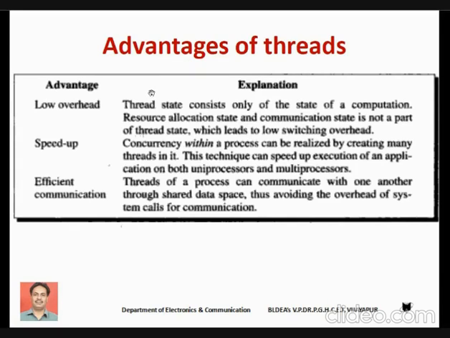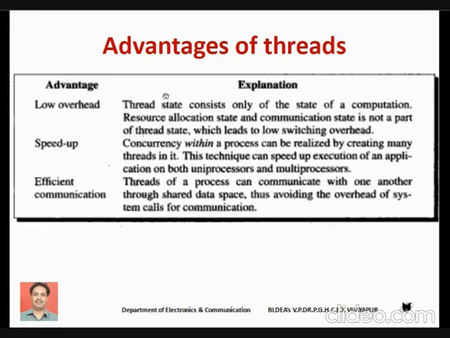Then the second advantage we have is speed up. As we discussed, by using threads it is possible to achieve concurrency as well as parallelism. Concurrency within the process can be easily realized by creating multiple threads.